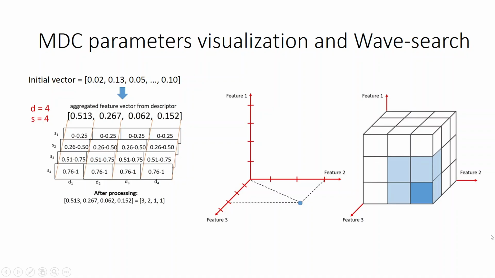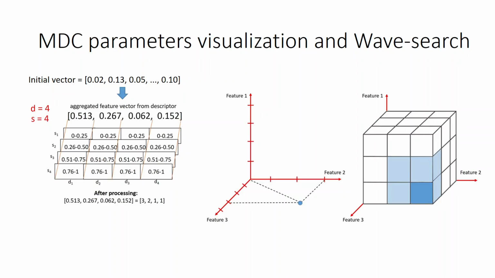Firstly, the search is executed in the determined cell of the multidimensional cube, determined for the searched image and calculated by its descriptor.